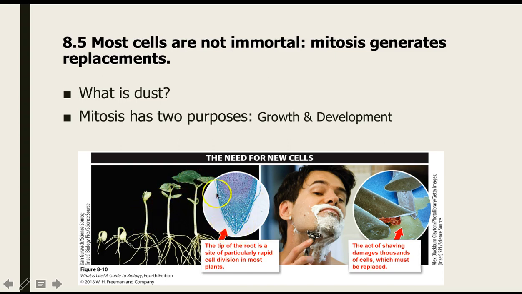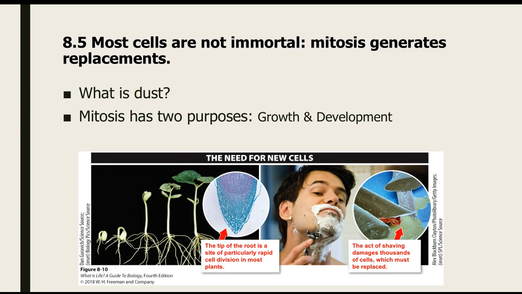This is like the tip of an onion root that you might have seen in lab. We can also go through mitosis if you end up killing a cell. Sometimes when you shave or cut your skin, that kills those cells, and they have to be replaced. So replacing damaged structures is also another important function of mitosis.